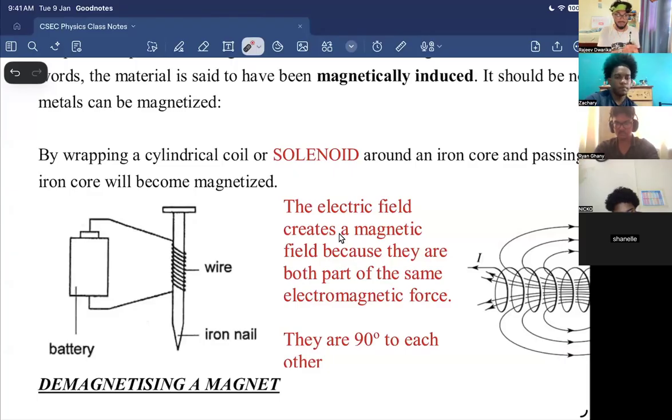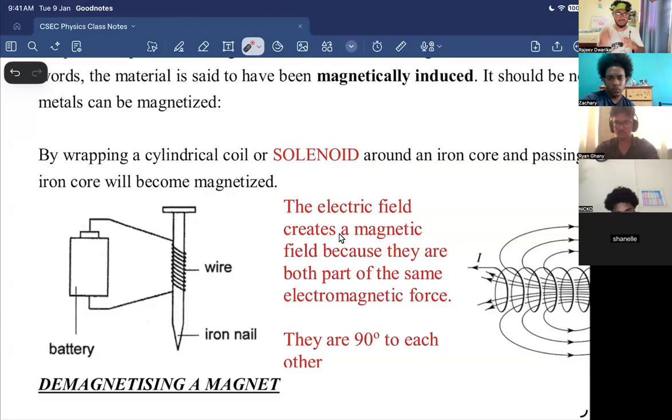Because of the battery and the conductor, it forms a closed circuit, and there's a magnetic field around the wire. By itself, do you think the magnetic field around the wire is strong enough to act as a magnet? No. So we have to loop the conductor tightly in a coil or a solenoid. What this does is amplify the magnetic field.